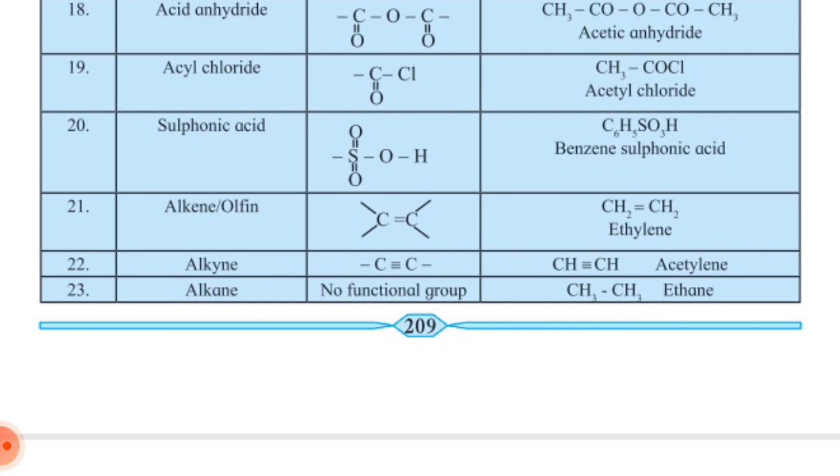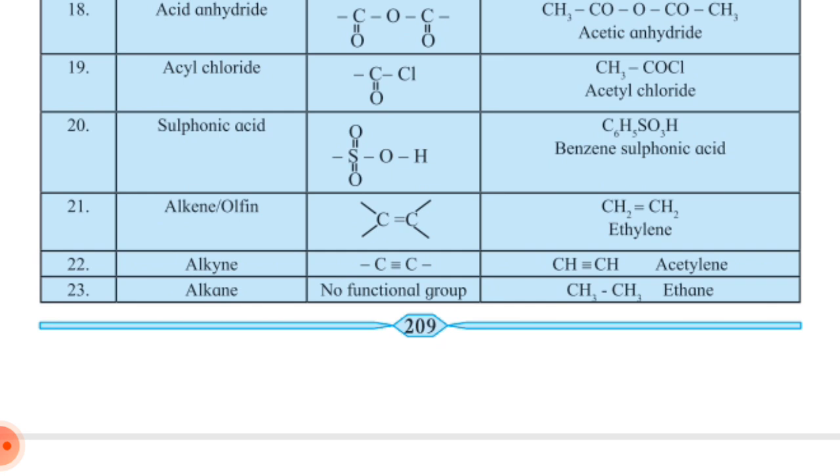Acid anhydride, C double bond O, O, C double bond O, (CH3CO)2O, acetic anhydride. Acyl chloride, C double bond O Cl, CH3COCl, acetyl chloride. Sulfonic acid, SO3H, C6H5SO3H, benzene sulfonic acid.